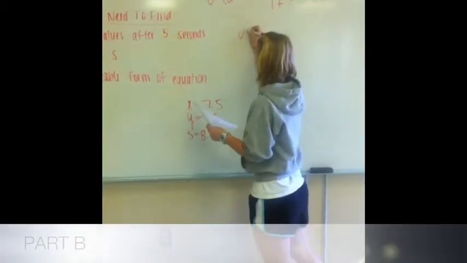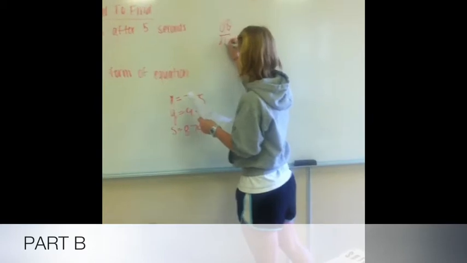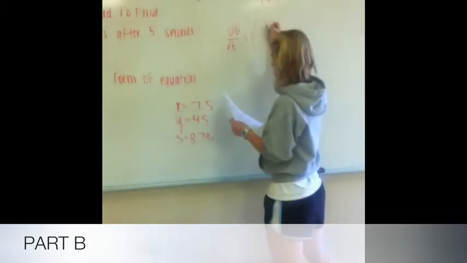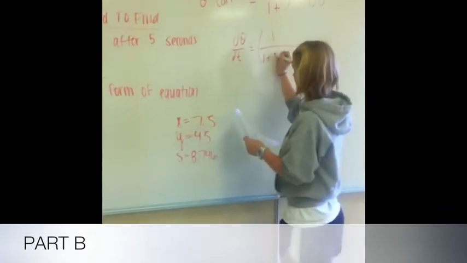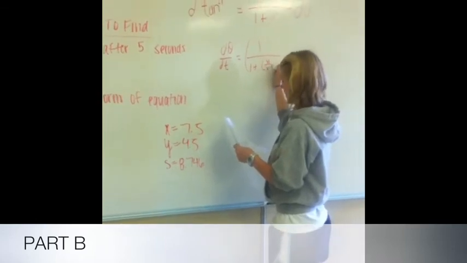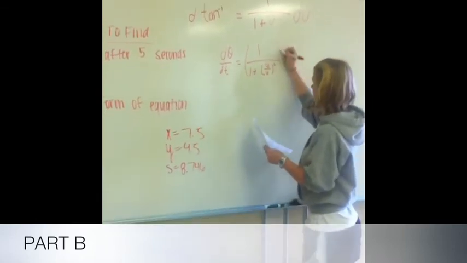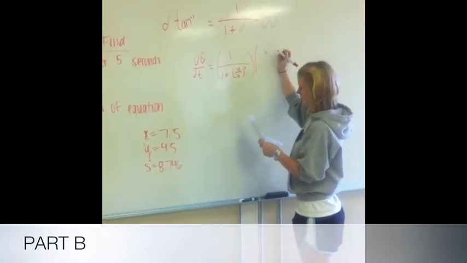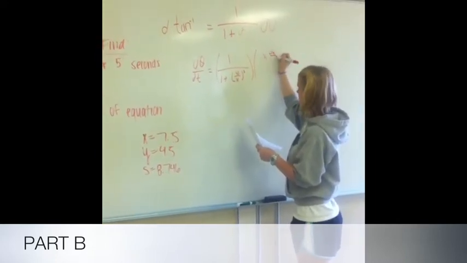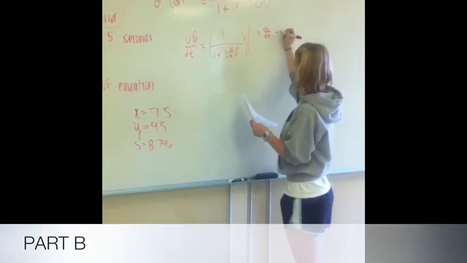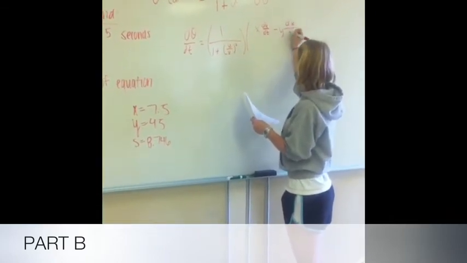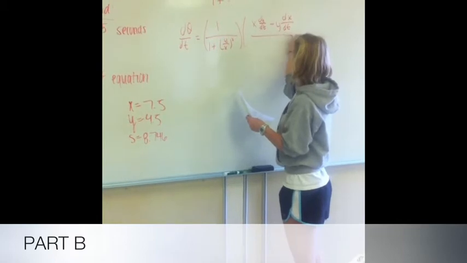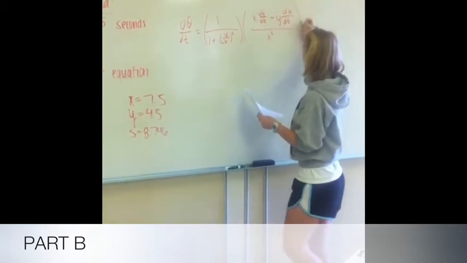So when we plug everything in, we get d theta/dt equal to 1 over 1 plus y over x squared, times the derivative of this for du, which is x dy/dt minus y dx/dt all over x squared.